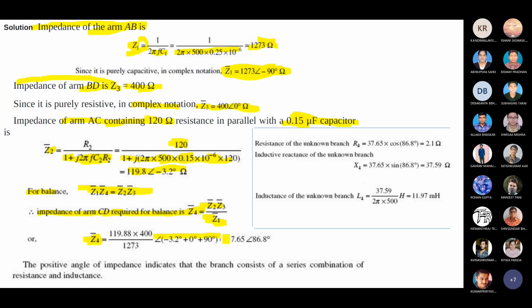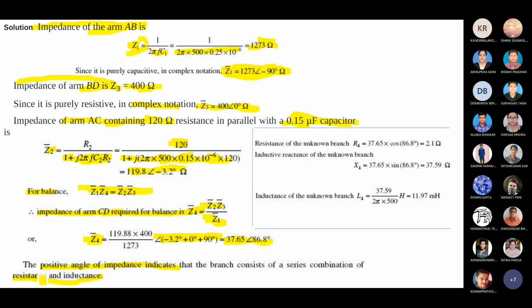So directly you are getting the Z4 value, 37.65 with the angle of 86.8. That Z4 is your impedance. Here you can see the positive angle of the impedance indicates that the branch consists of a series combination of resistance and inductance.